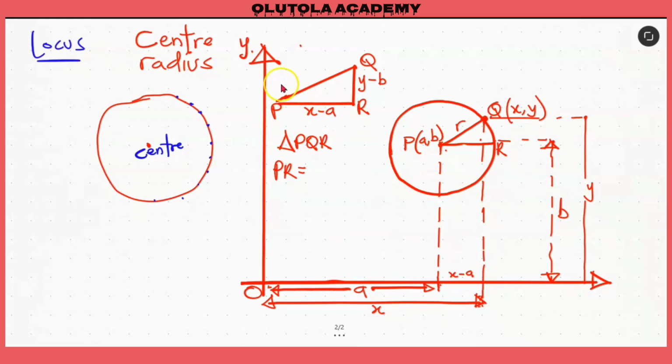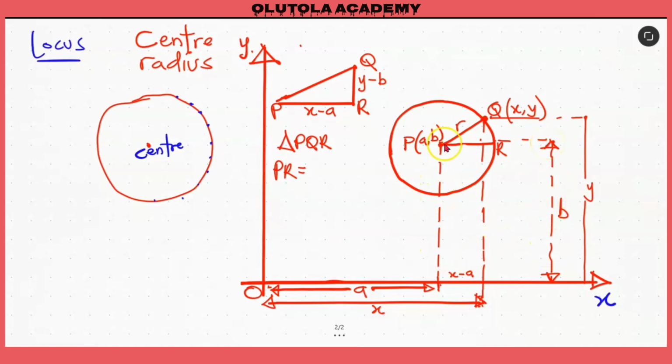And we have this as the y-axis, and this is the x-axis, and this is the origin. And this is a circle whose center is at coordinate (a, b) from the origin. You can see the distance a is here and distance b is here.